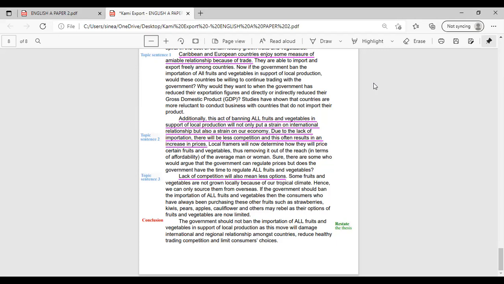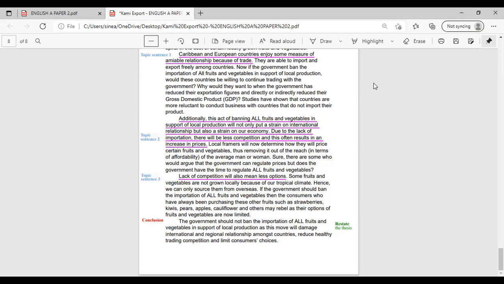Some fruits and vegetables are not grown locally because of our tropical climate. Hence, we can only source them from overseas. If the government should ban the importation of all fruits and vegetables, then the consumer who have always been purchasing these other fruits such as strawberries, kiwis, pears, apples, cauliflower, and others may rebel as their options of fruits and vegetables are now limited.